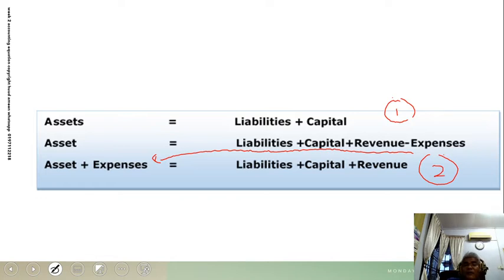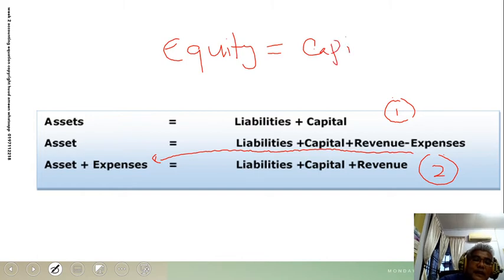The other name of capital is equity. I just change the equity term into capital.